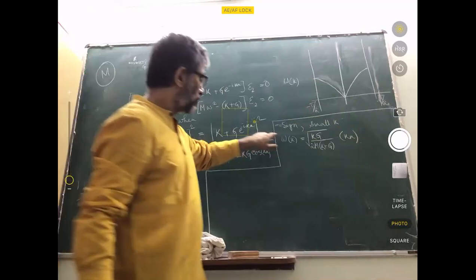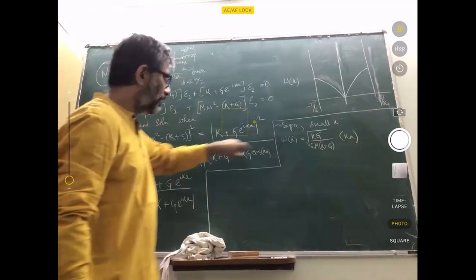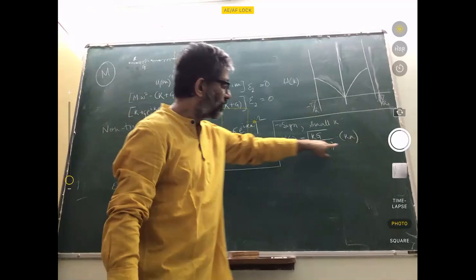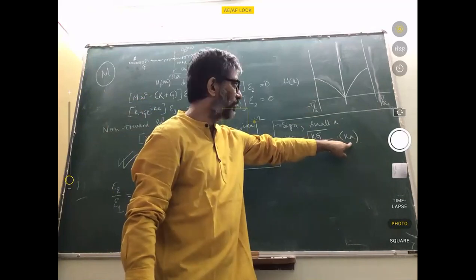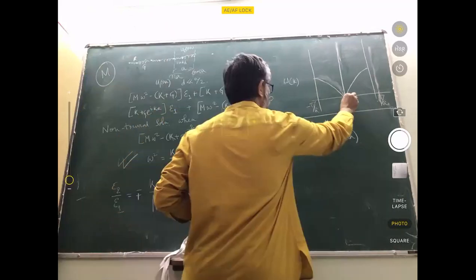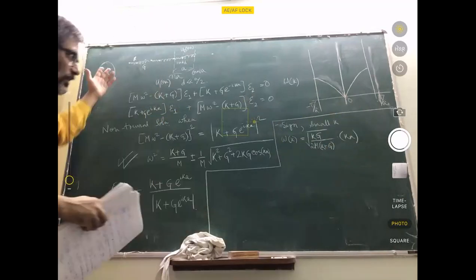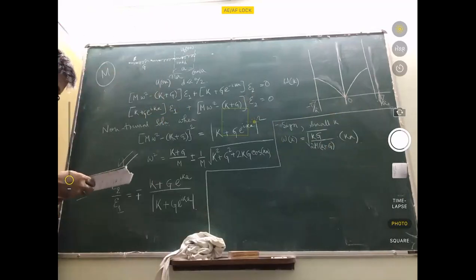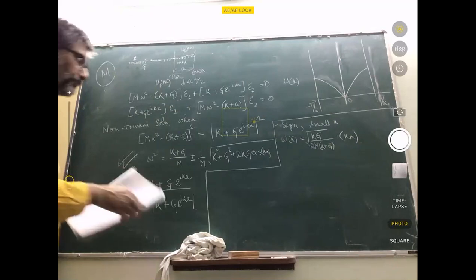So with this minus sign, you again get an omega which goes linearly with k at small values of k, going to 0. Exactly as we got in the case of the monatomic one-dimensional crystal.